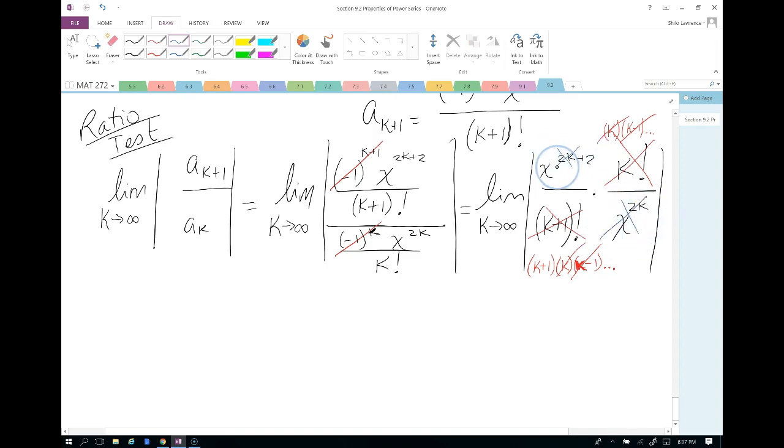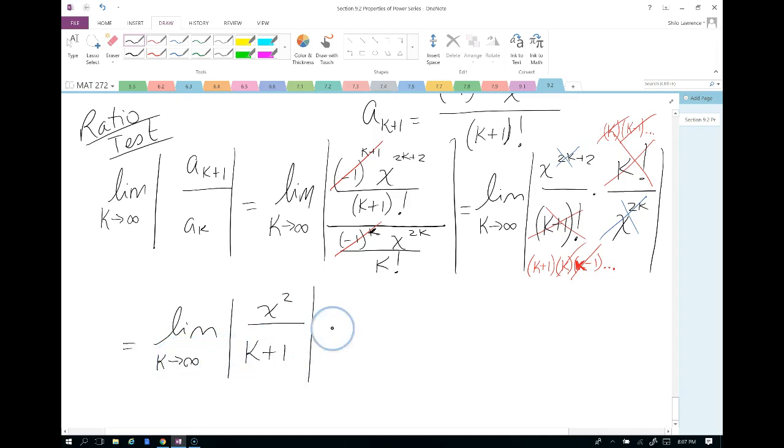That means the top's always going to have 2 more. So we're able to simplify this down to the limit as k approaches infinity of x squared over k plus 1.